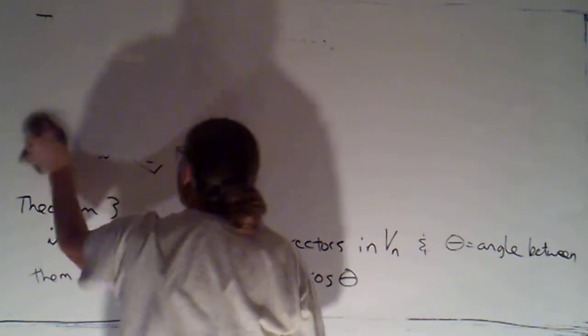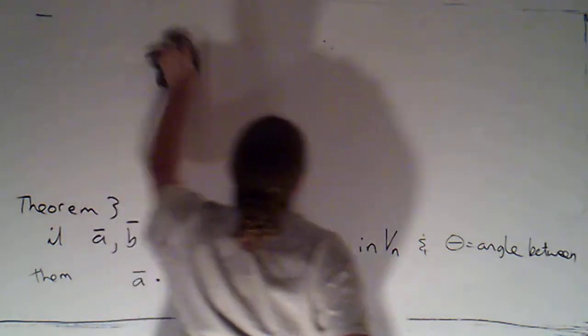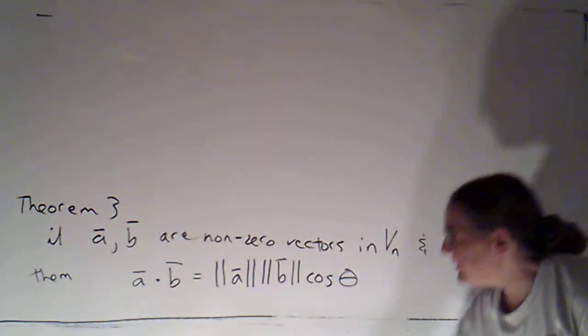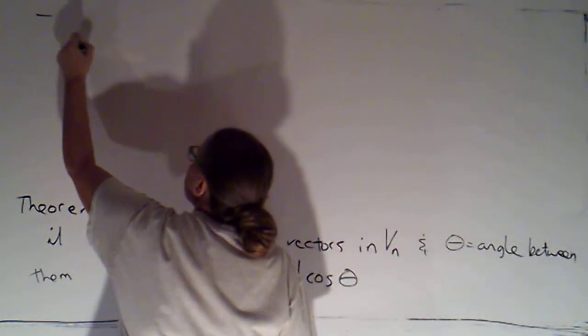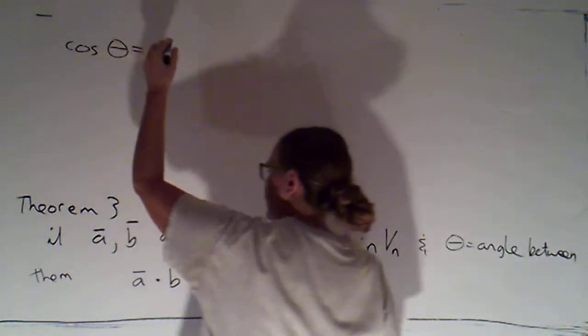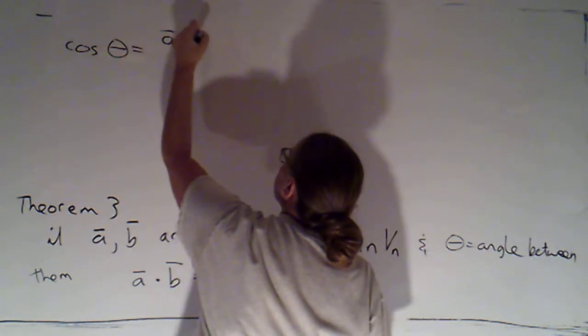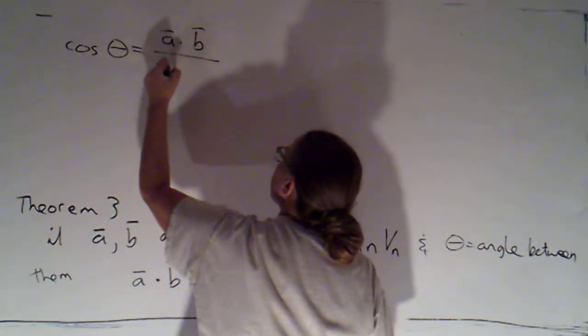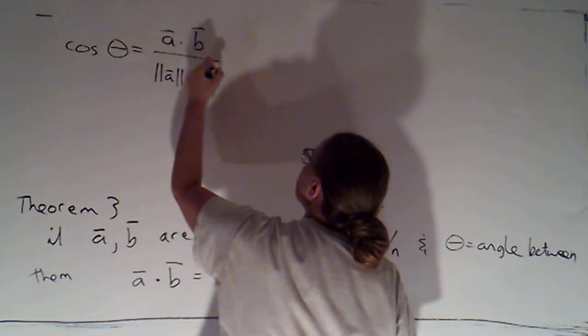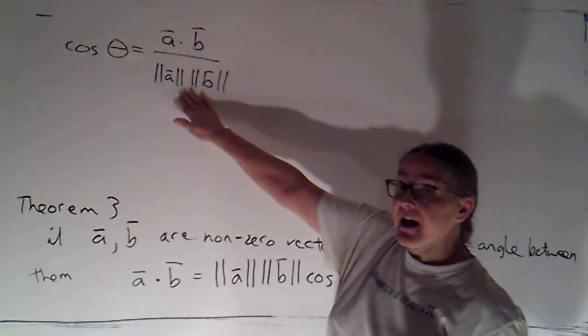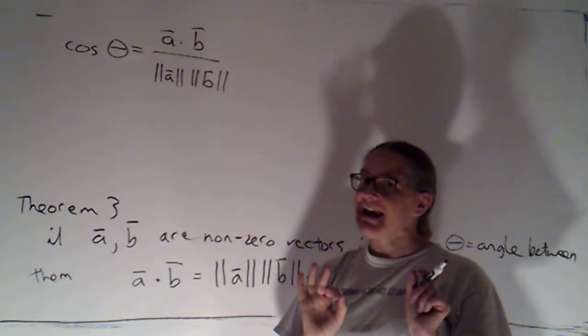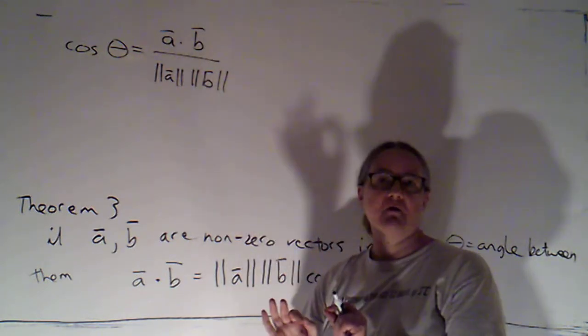we've got that. Now, of course, this can be rearranged, and I believe your book calls it Corollary 6 when they rearrange it to say that cosine of theta is then A dotted with B divided by the magnitude of A times the magnitude of B. I know that it's okay to divide by this because we stated that A and B were non-zero vectors.